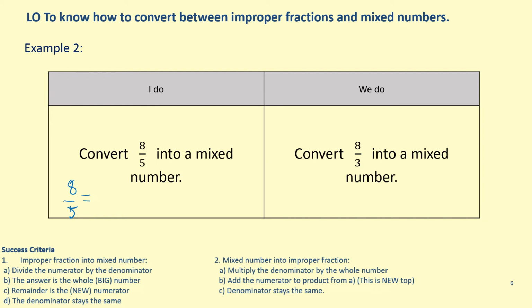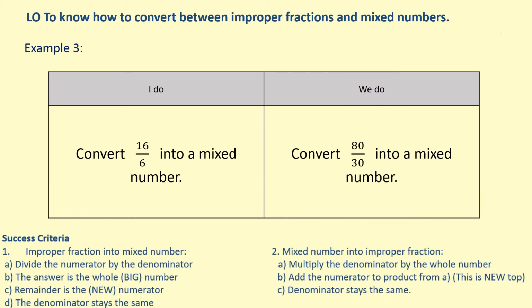So how many 5s go into 8? 8 divided by 5 is 1, remainder 3, denominator stays the same. Now your attempt. So 8/3, 3 goes into 8 twice. Remainder 2, denominator the same.